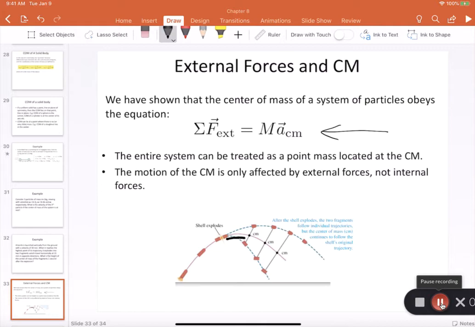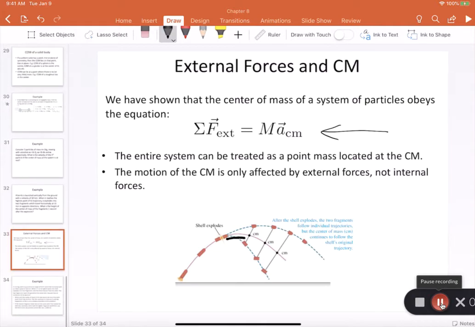So I'm going to show you the next two slides, slide 32 and 34, which are both applications of this idea. I'm going to work through slide 32 as an example, and I will let you try slide 34 yourself. The idea is very similar to what we're going to do in slide 32. But once again, to repeat myself, the main idea that we are going to use in the next problem is that the center of mass of a system of particles is only affected by external forces.